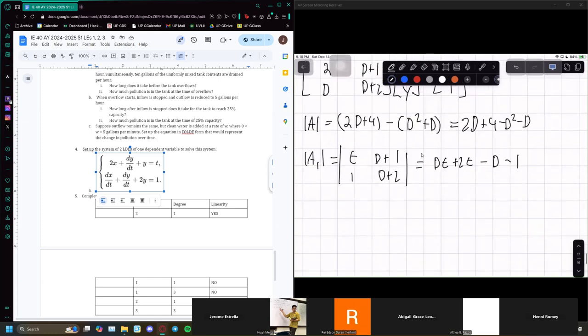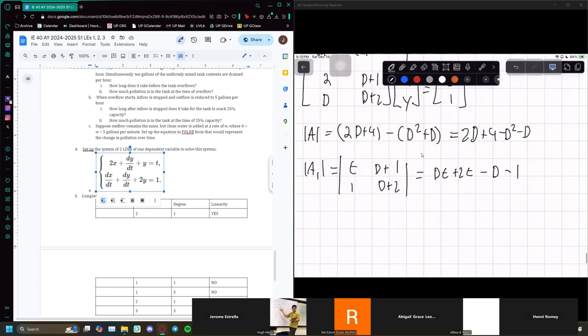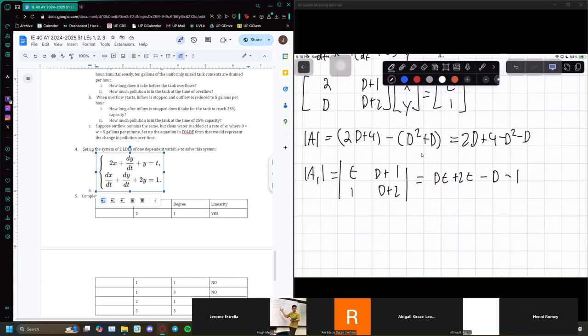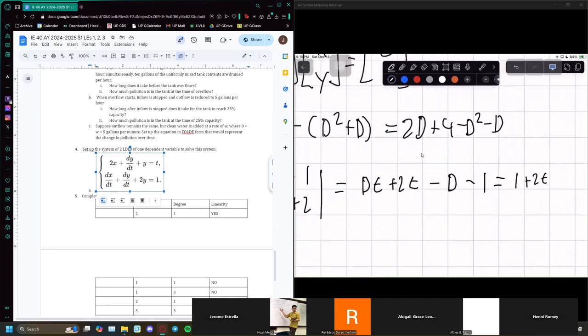In the case of A1, you can already simplify these, since these are derivative operations. d over dt of t is gonna be 1, then plus 2t, then this d here is d over dt of 1, which is just 0, minus 1, equal to 2t.